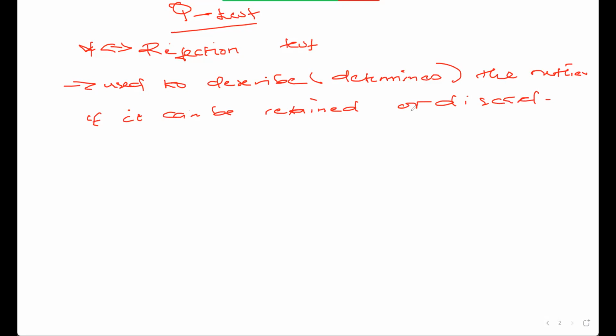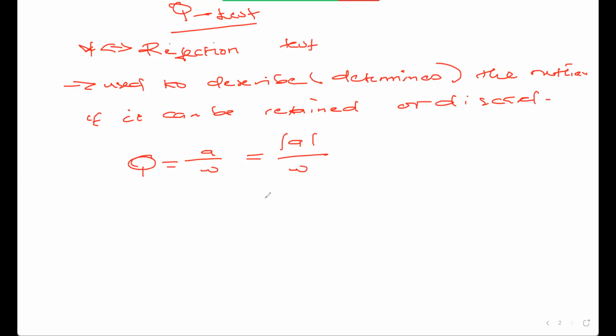Now, how do we find Q? Q is basically equal to A over W. This can be written as the modulus of A over W, because whatever you get inside, whether positive or negative, you have to make it positive.